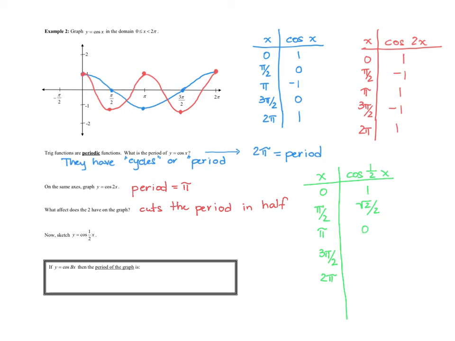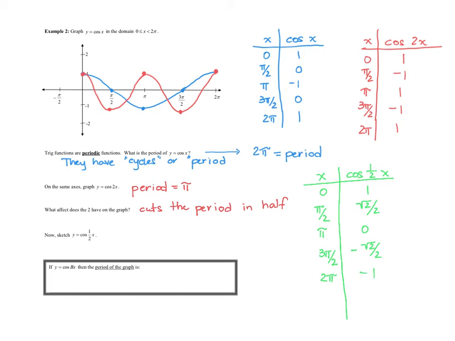If I put in 3 pi over 2, multiplied by 1/2, that would be the cosine of 3 pi over 4, which is negative rad 2 over 2.